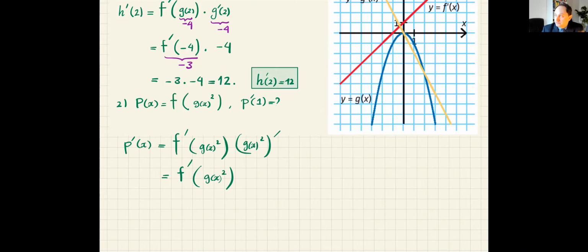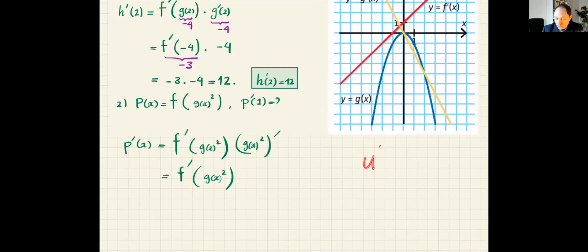No, not complete. Is it 2 times g of x times g of x? Or 2 times g of x squared? No. What is u to power 2 prime? Is it 2 times g of x times the g prime of x?